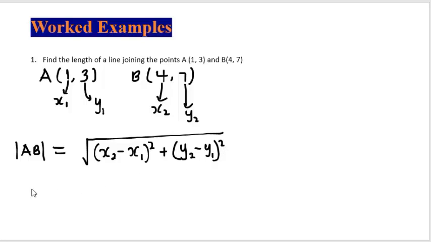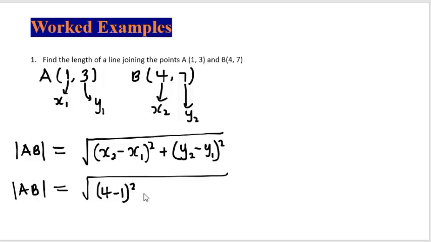Now we can see the values of x1 and y1 over there. So our x2 is over here, 4. So that is 4 minus x1, which is 1, squared, plus y2, which is 7, minus y1, which is 3, squared.